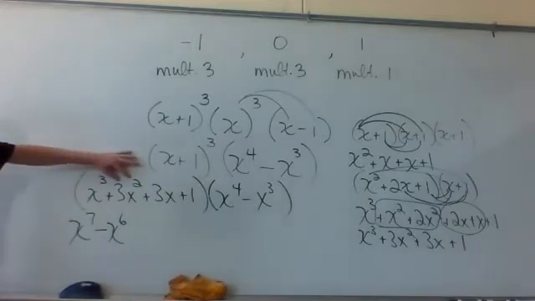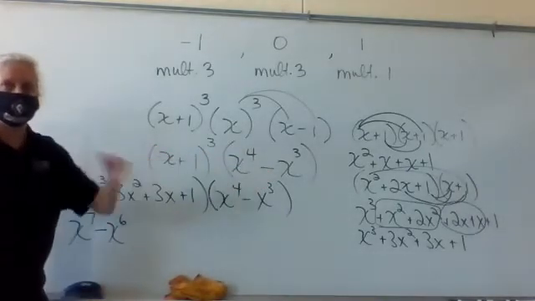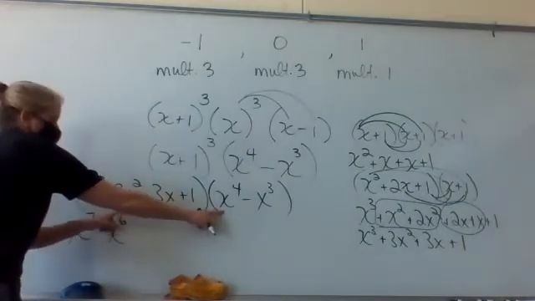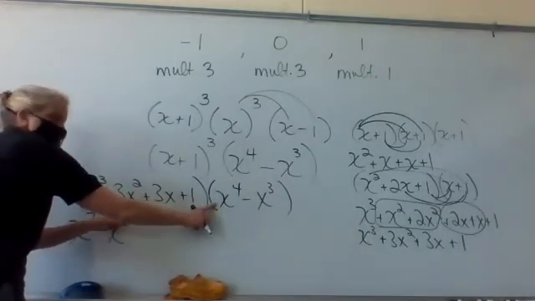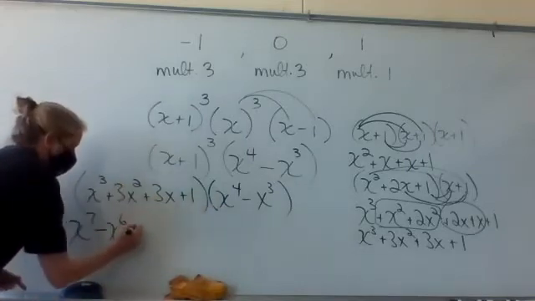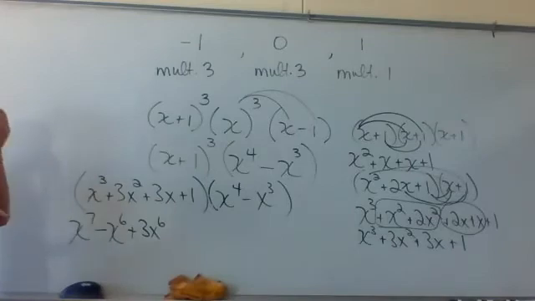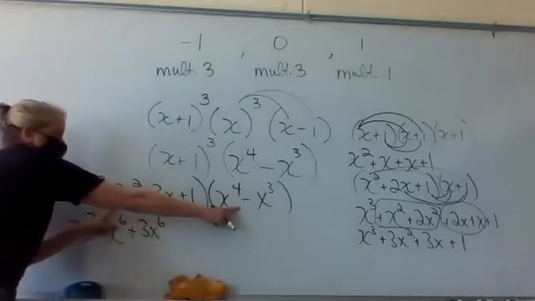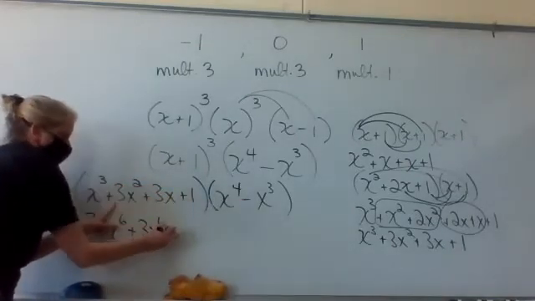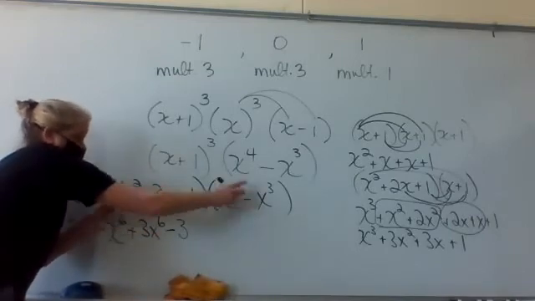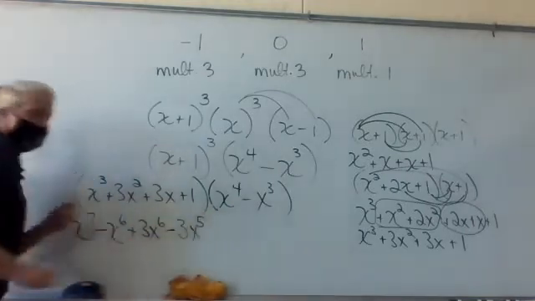Now I'll move on to the 3x squared and give it to both of those. So 3x squared times x to the 4th gives me 3. Add your exponents, so 3x to the 6th. Get your sign right. Positive 3 times negative 1 gives me negative 3. Add those exponents to get x to the 5th.